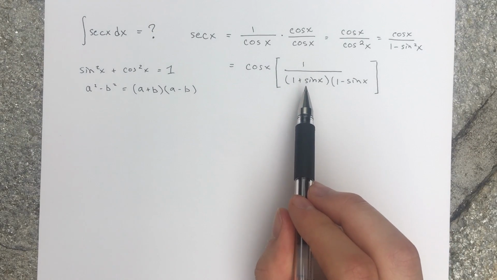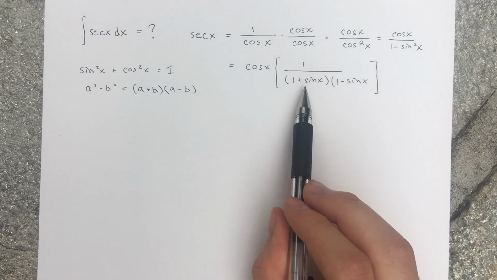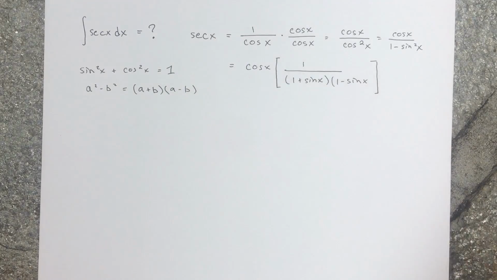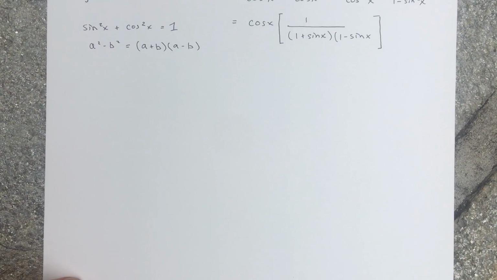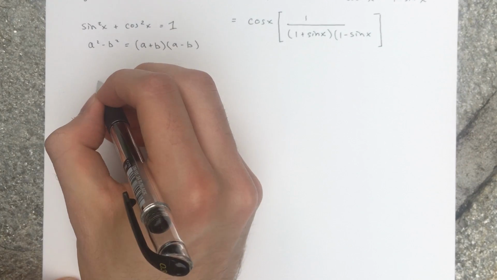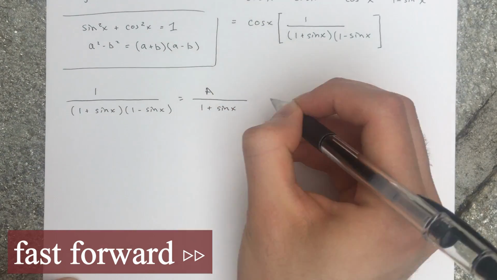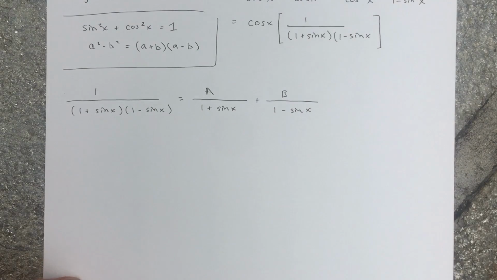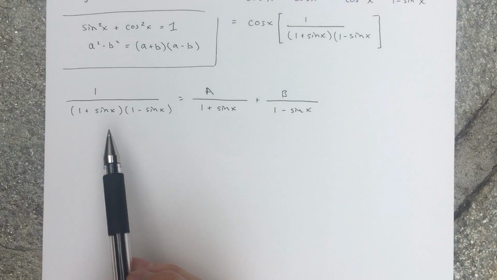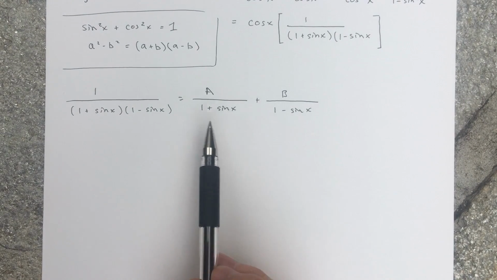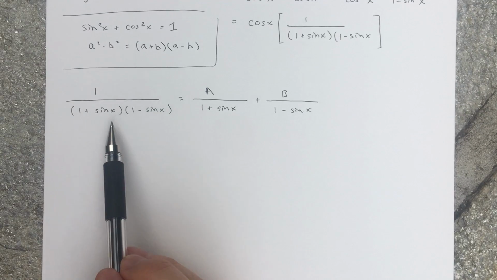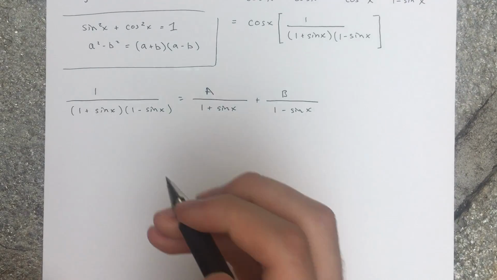Now let's try to do partial fractions on this little guy right here. So here I've set up the partial fractions, and now let's continue by multiplying both sides by this denominator right here.